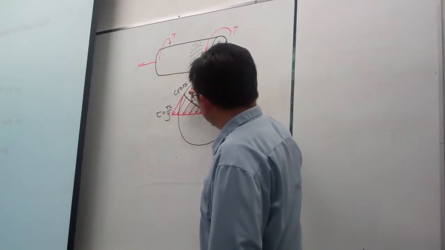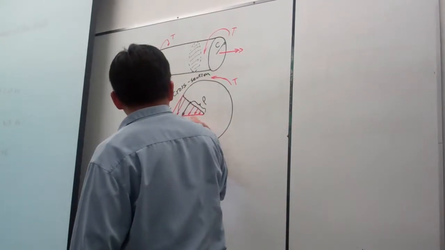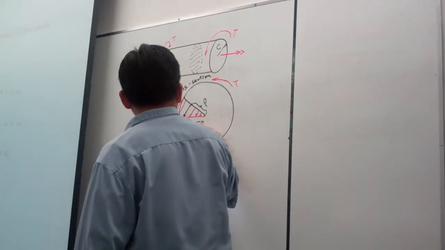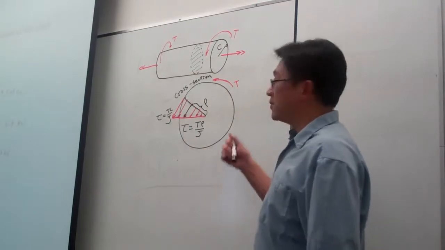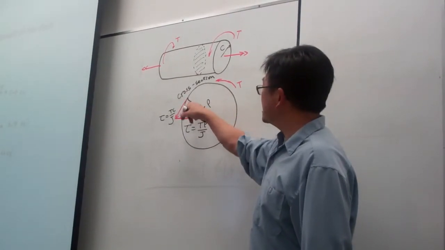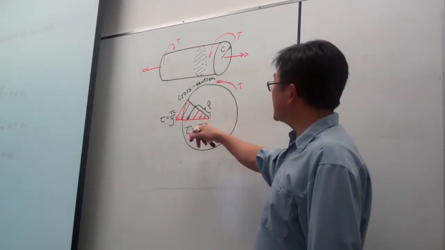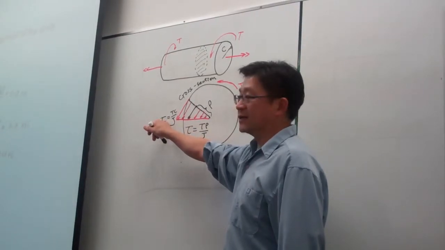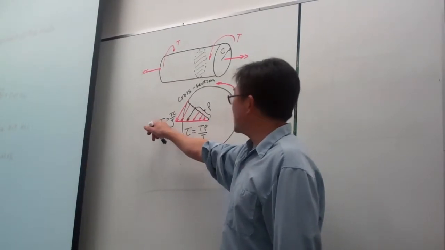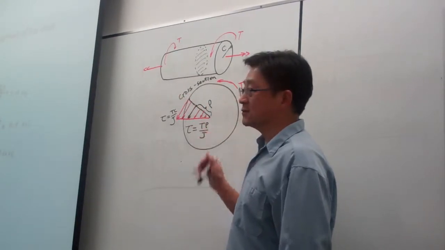At this distance, the magnitude of the shear stress is tau equal to T rho over J. The only parameter governing the magnitude is the radial distance from the center. In the shaft, the maximum stress is always on the outside, taking the maximum value of rho, which is the radius C.